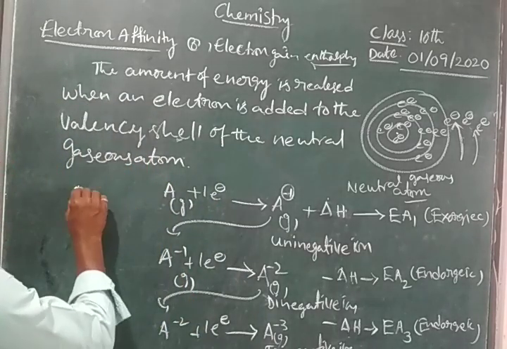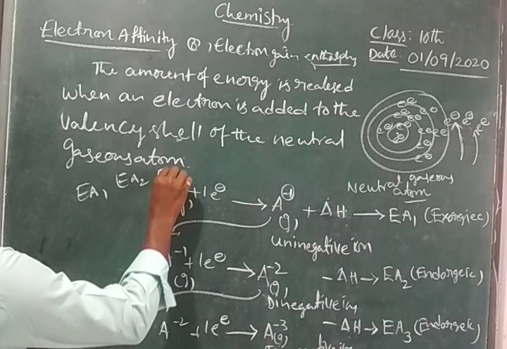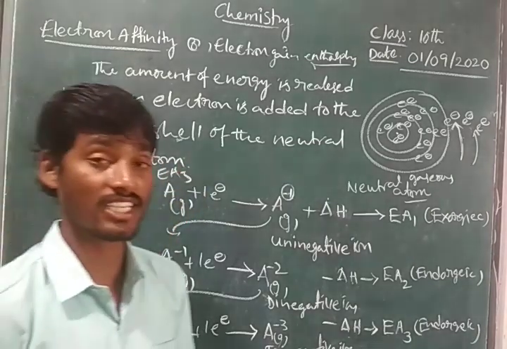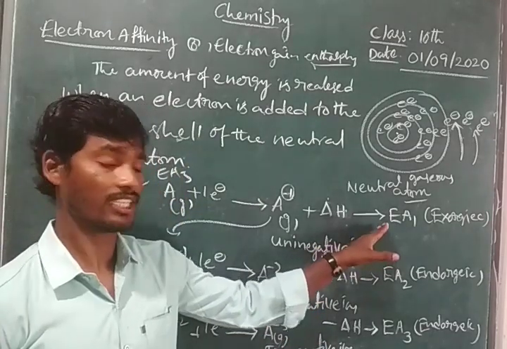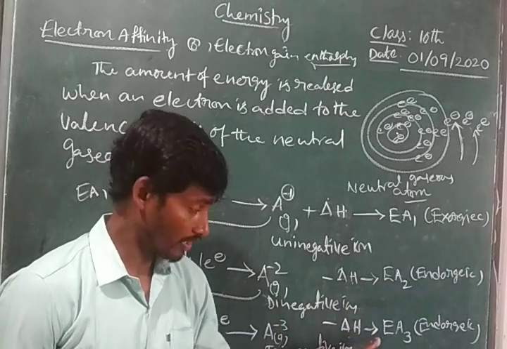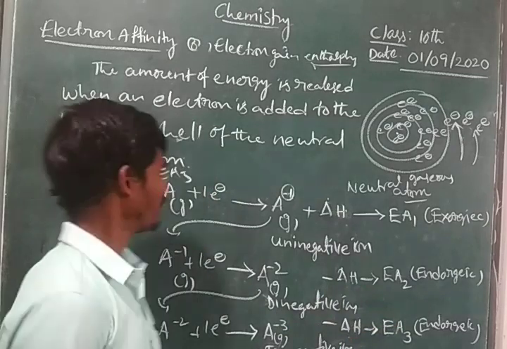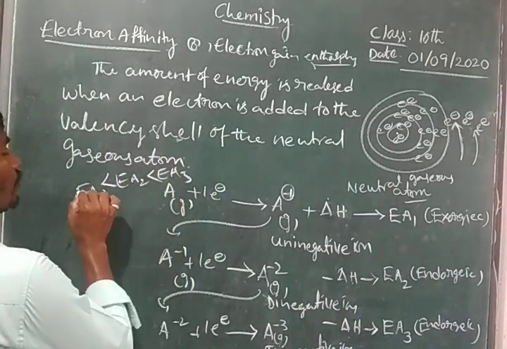Compare electron affinity 1, 2 and 3. Among these three energies, which is very high, children? Here it releases less energy, there it releases more energy, and here the released energy is very little but the energy we give is very high. That's why EA3 is greater than EA2, which is greater than EA1.